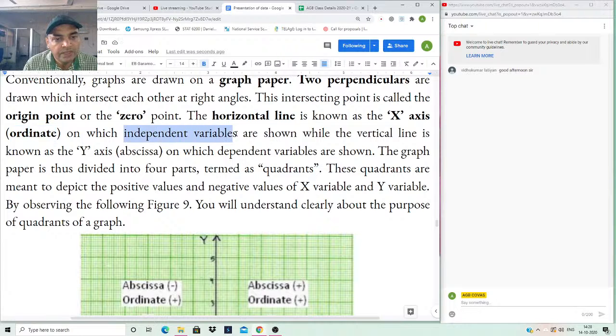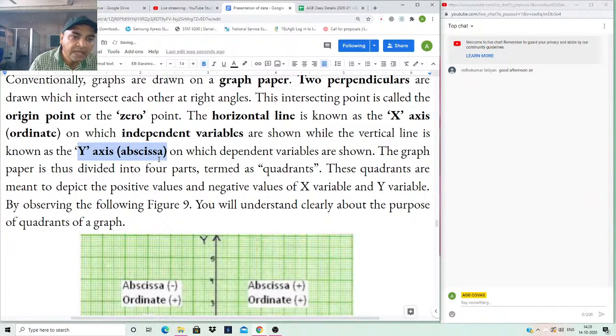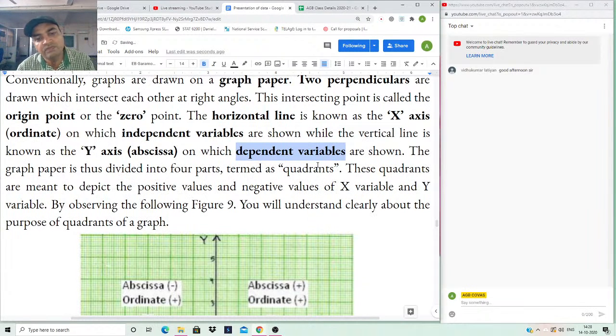When you use a graphical presentation, independent variables are shown on the ordinate, or x-axis. Whereas the vertical line is known as the y-axis, or the abscissa. On this, dependent variables, that is, those which vary with the value of x, are shown on the y-axis.